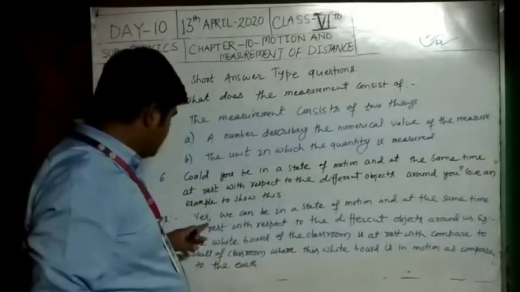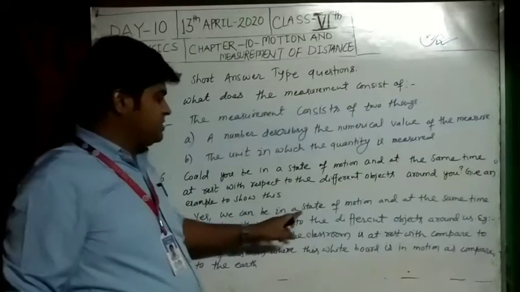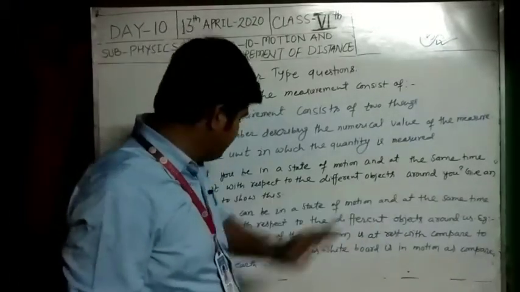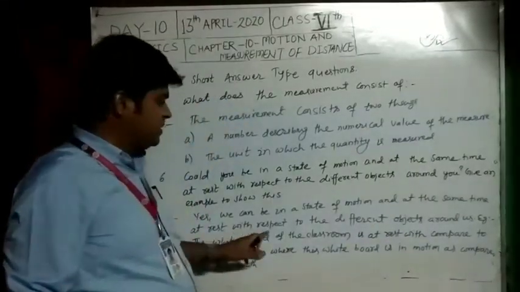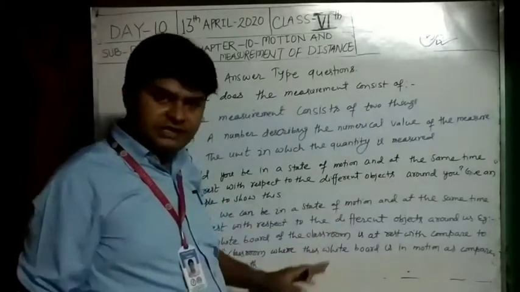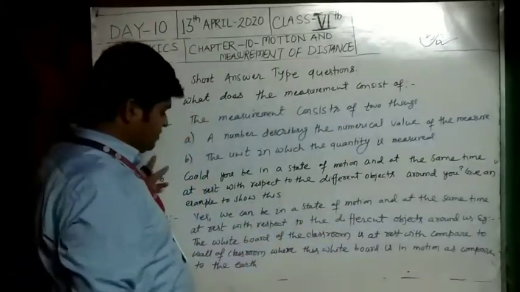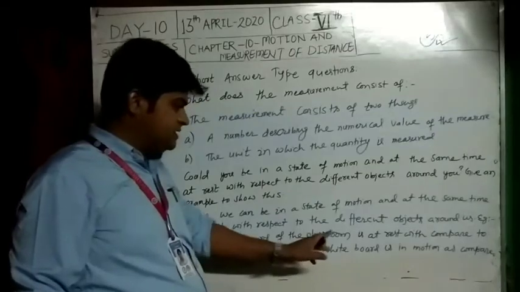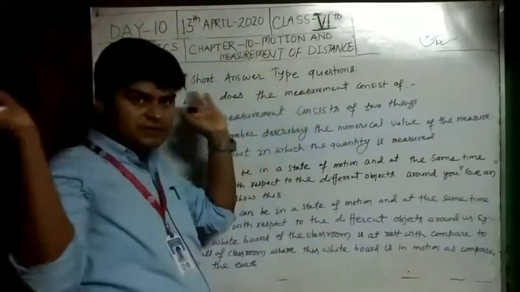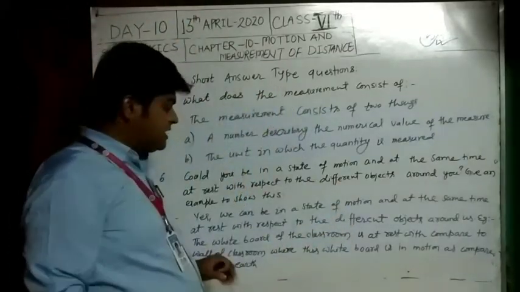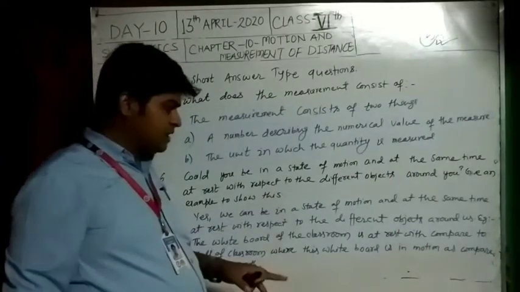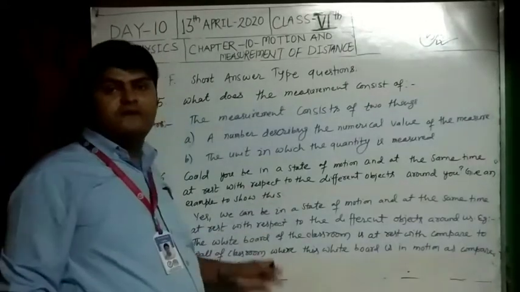Yes, we can be in a state of motion and at rest with respect to different objects around us. For example, the whiteboard of the classroom is at rest compared to the classroom wall, whereas this whiteboard is in motion as compared to the motion of earth.